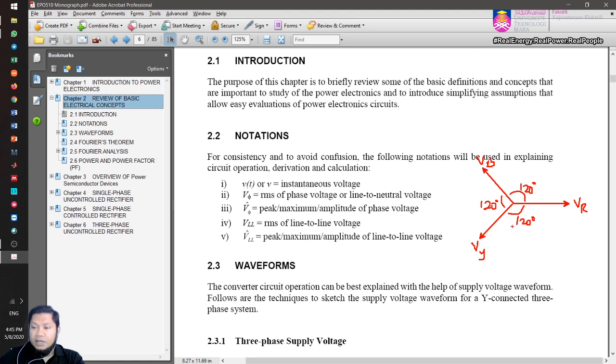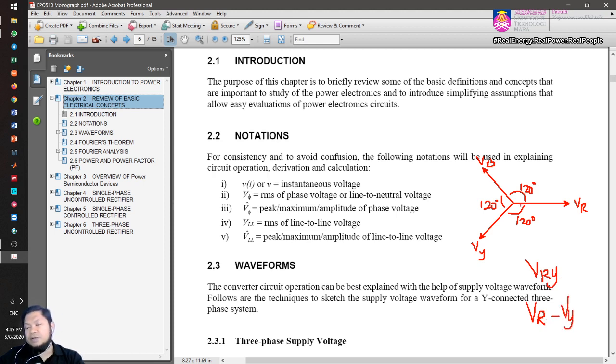If you talk about V red-yellow, we're going to find the V red-yellow phasor diagram. What we do is V red minus V yellow.